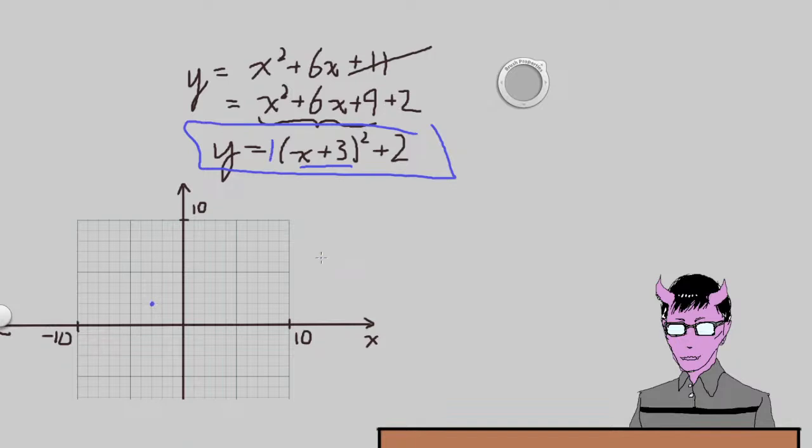Then we have a coefficient out in front of 1, so it follows standard movement. So from this vertex, 1 to 1, 2 to 4, 3 to 9. That's kind of off. Yeah, it's like up here. Ooh, that's bad.